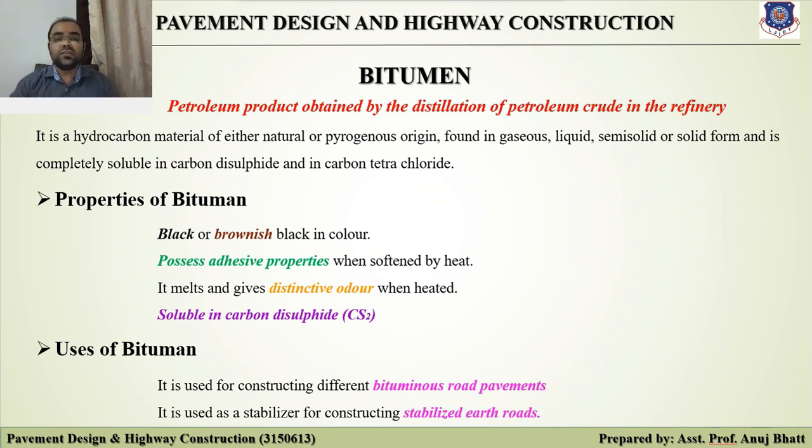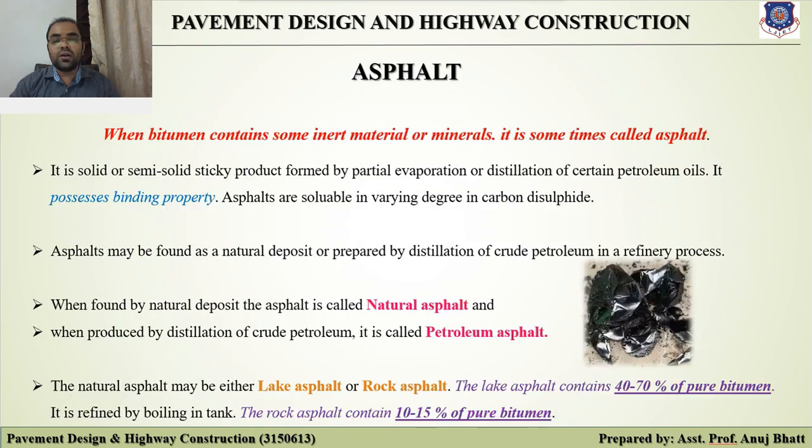The next bituminous material is asphalt. When bitumen contains some inert material, or we can say minerals, then it is sometimes called asphalt. So it is a byproduct of bitumen, we can say. It is a solid or semi-solid but sticky product which is formed by partial evaporation or distillation of certain petroleum oils.